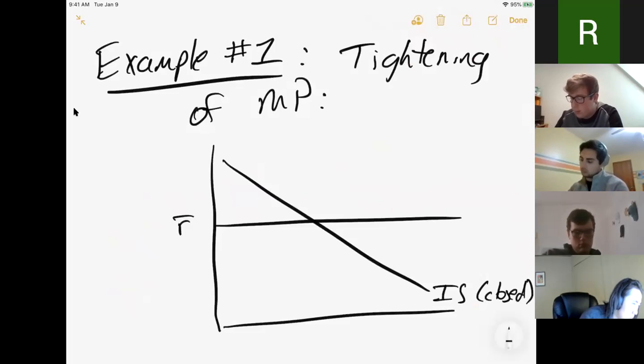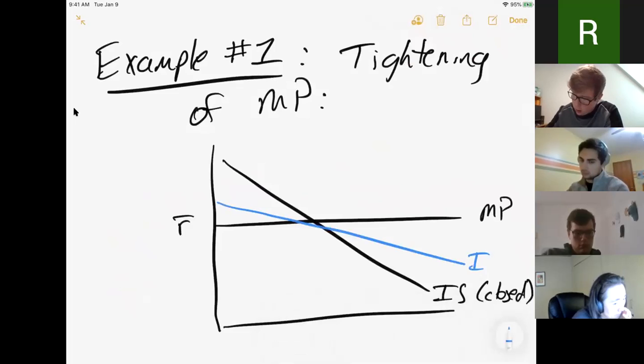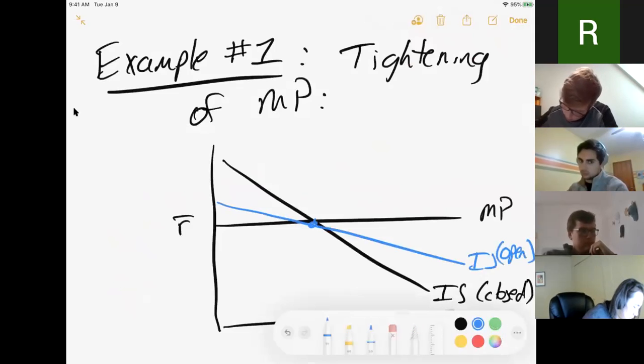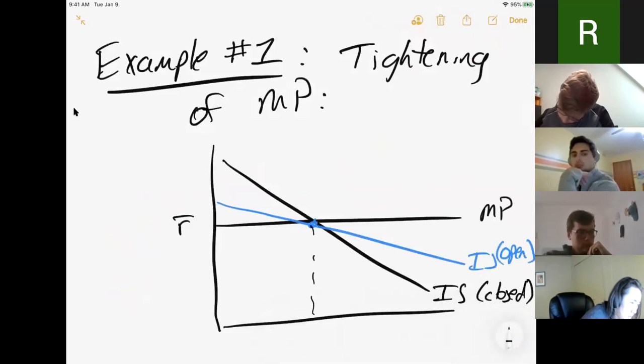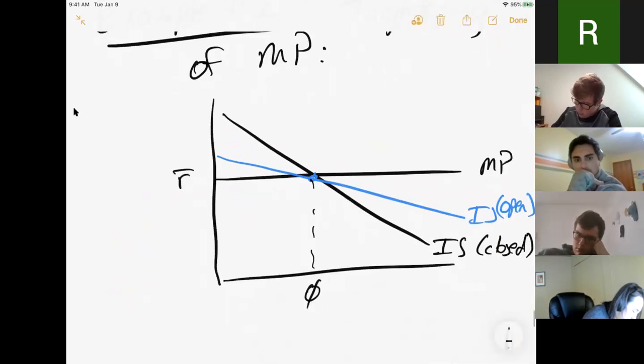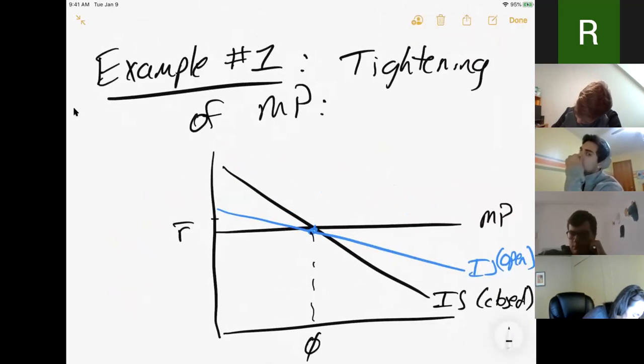That's what an IS curve would look like in a closed economy. But what's it going to look like in an open economy? It's going to be flatter. So what happens if the Fed raises interest rates?